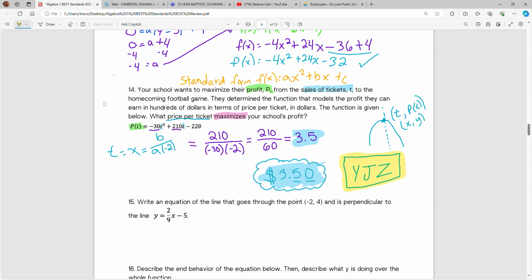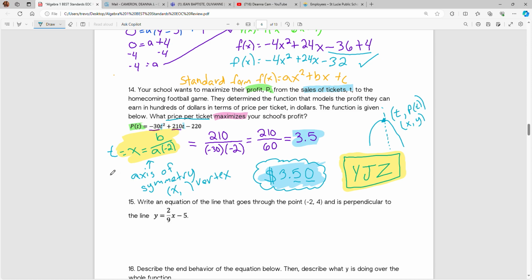And like I said, make sure you memorize your formula for axis of symmetry, because that also gives you your x value for your vertex. So that'll be multiple questions that memorizing this formula will help you with.